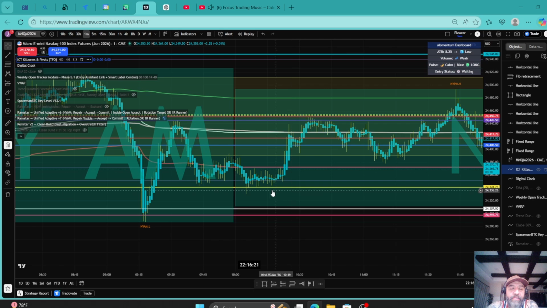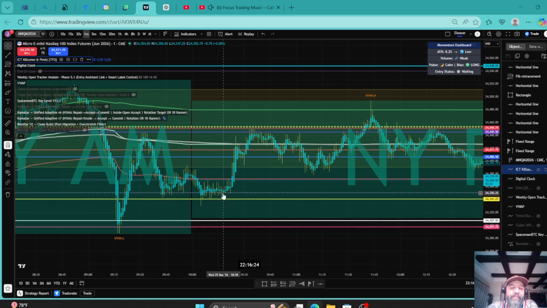And for some reason on rotational days, it makes it even easier to trade, because you'll notice once again here that once price started, okay, New York PM, and it went back into our Remitar area, you can see that price went through it, went through the white line, kind of came back, a little pullback, almost back to our entry area, but then it went to the green line once again.